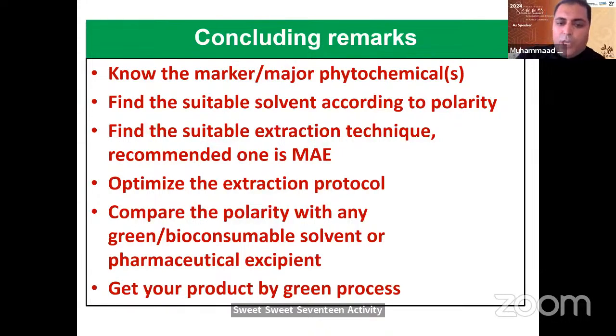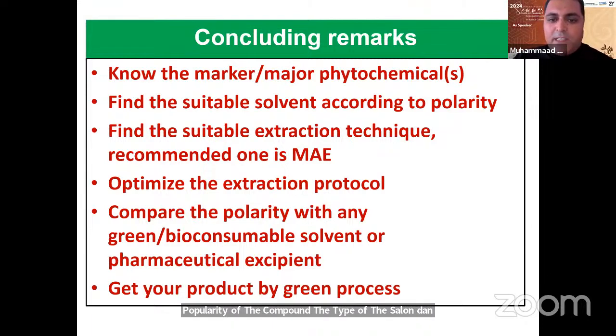Then, if you know the chemistry of that compound, you should know whether it is polar or non-polar. So based on the polarity, you have to decide the suitable solvent for the extraction. Then, once you know the type of compound, its polarity, and the type of solvent, you should proceed to microwave-assisted extraction by optimizing it properly.